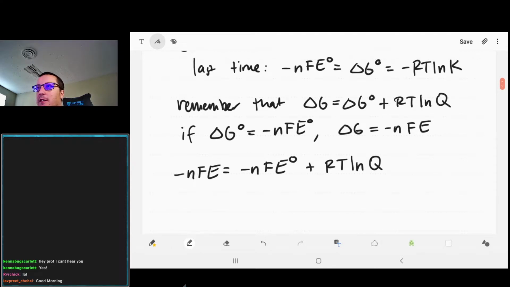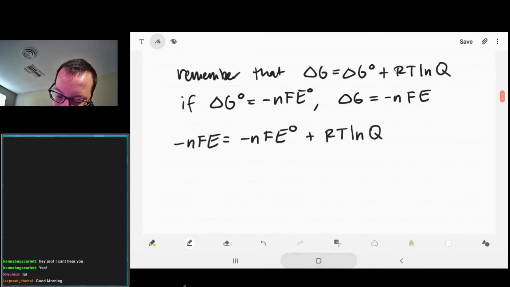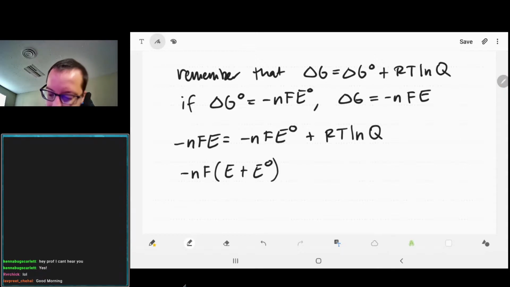So we've got all this now. If we wanted, we could rearrange some stuff here. For example, actually that's going to have to be a minus sign.